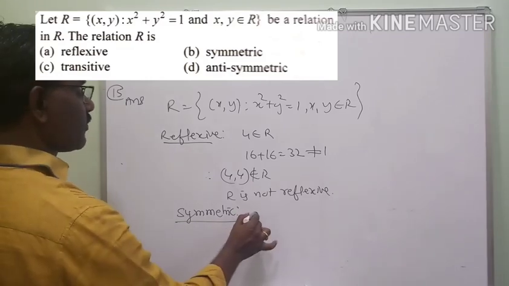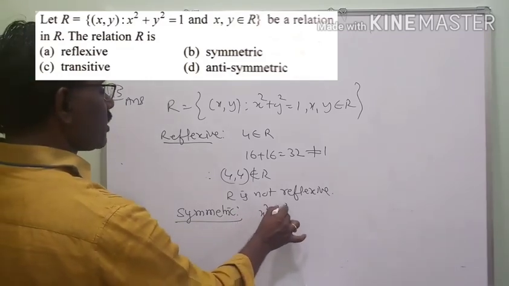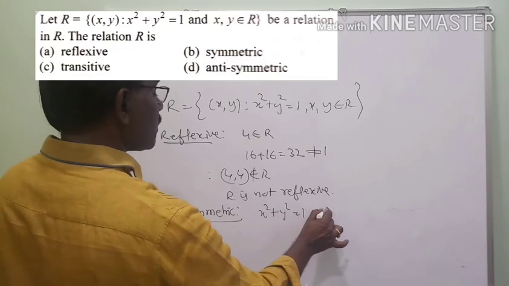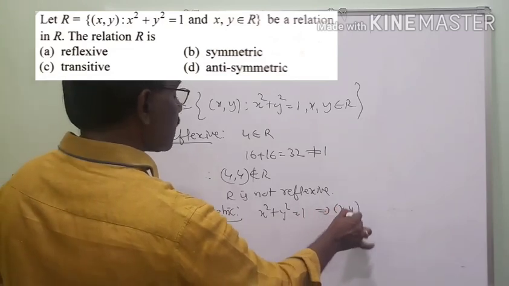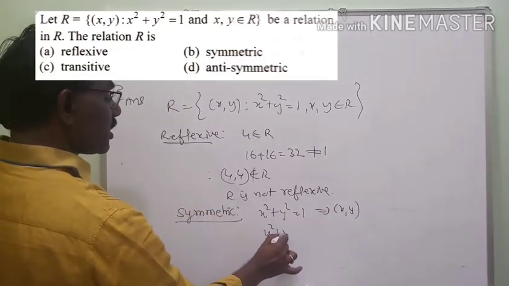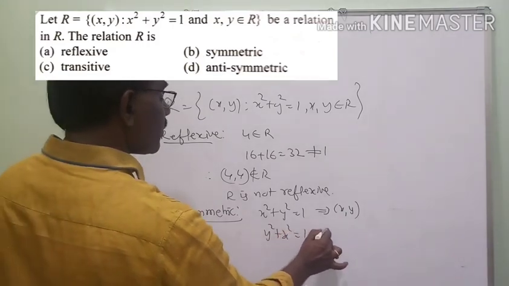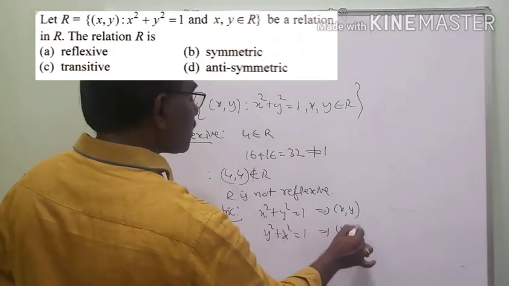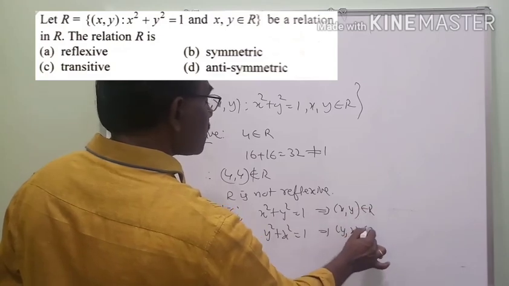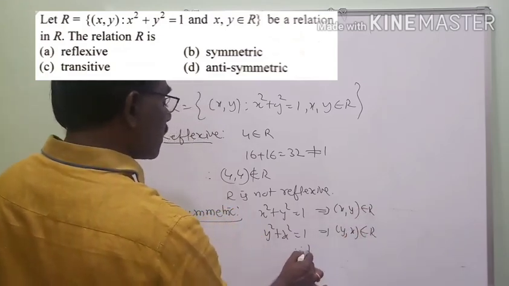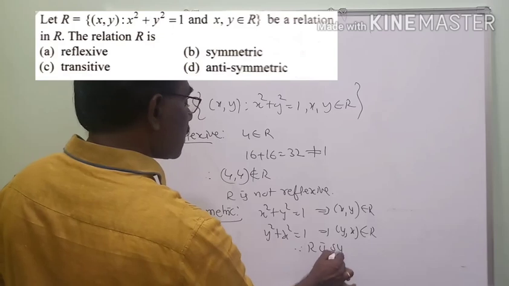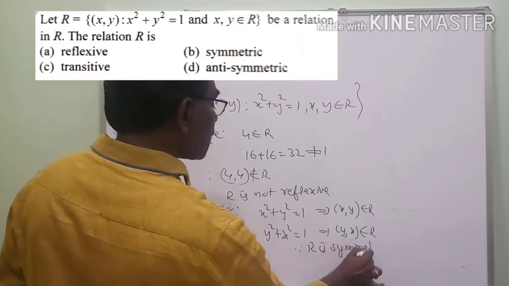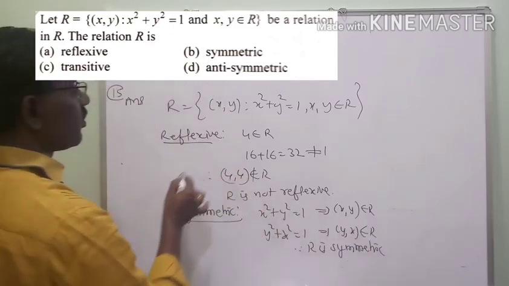Symmetric means x square plus y square equal to 1 implies y square plus x square equal to 1, so (y, x) belongs to R. Therefore, R is symmetric, not reflexive.